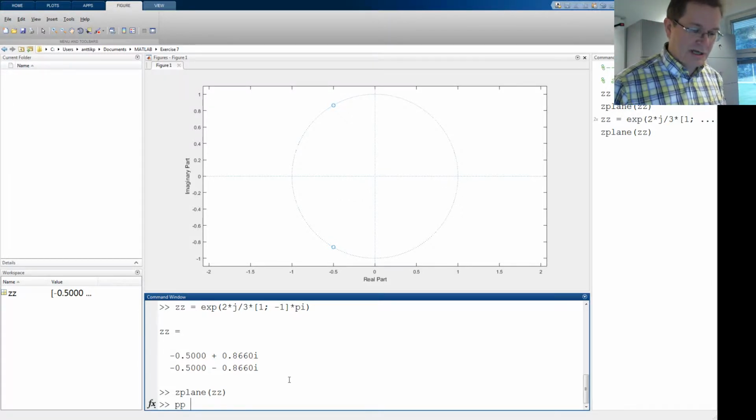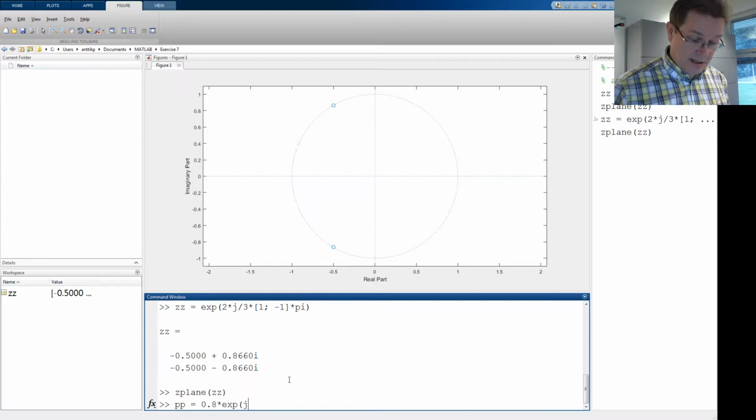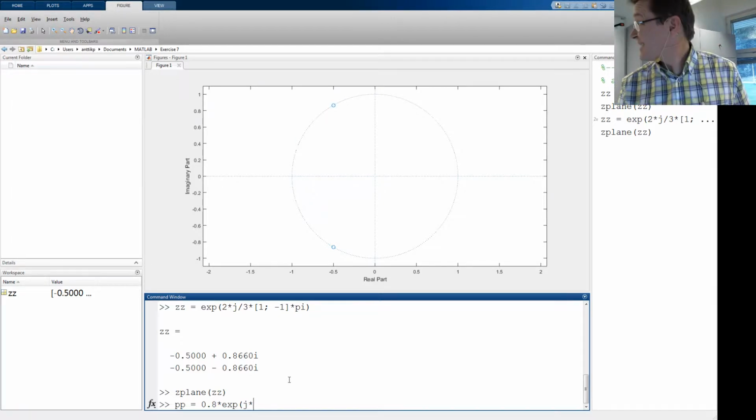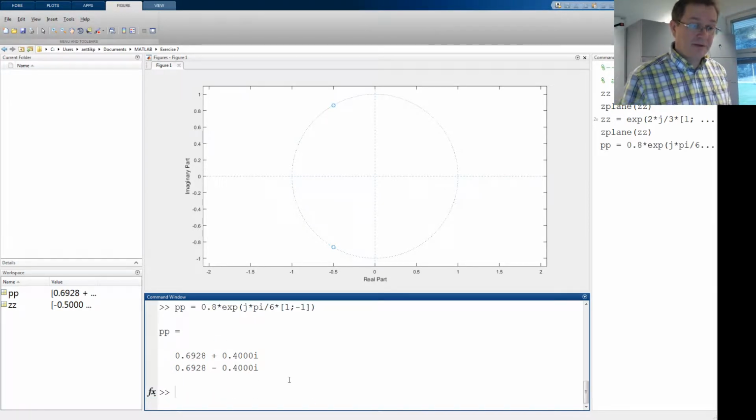So the poles actually are at radius 0.8 times the exponential of j times pi divided by 6 times 1 minus 1. Okay, that's the complex conjugate pair there, and then basically let's see, z plane, zzpp.